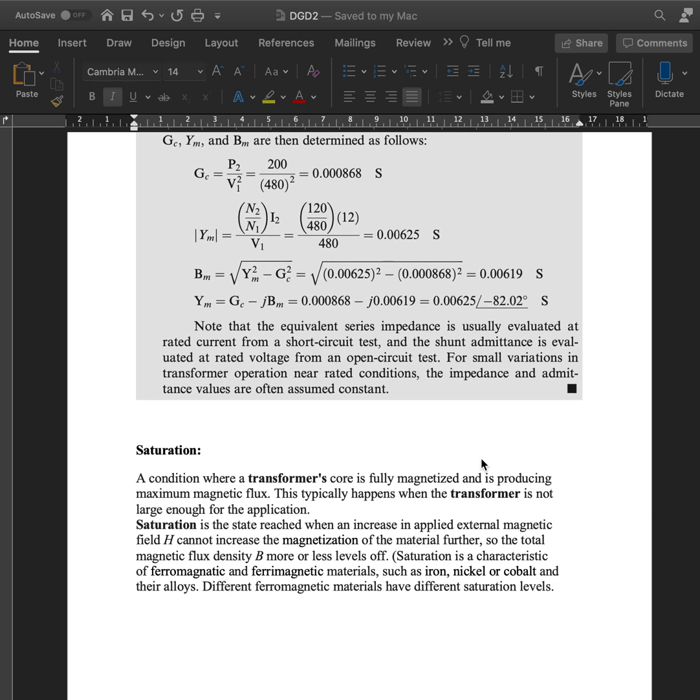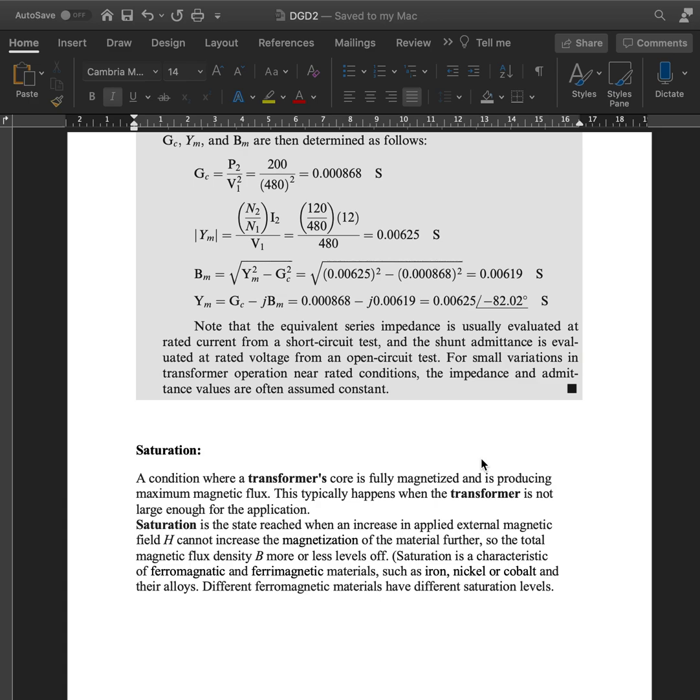Okay, the saturation. There's something that happens to a transformer called saturation, a condition where the transformer's core is fully magnetized and is producing maximum magnetic field. Saturation is a state reached when an increase in applied external magnetic field cannot increase the magnetization of the material further, so the total magnetic flux density B more or less levels off.